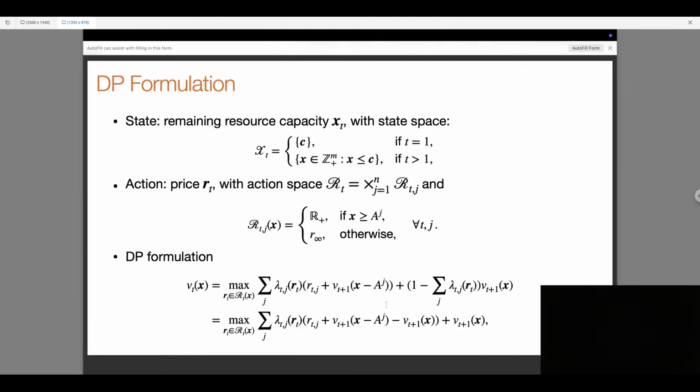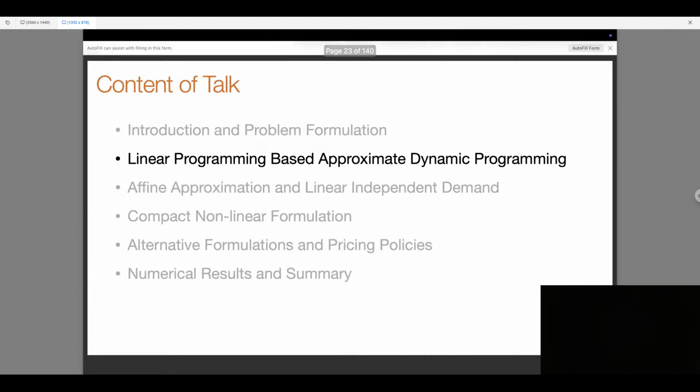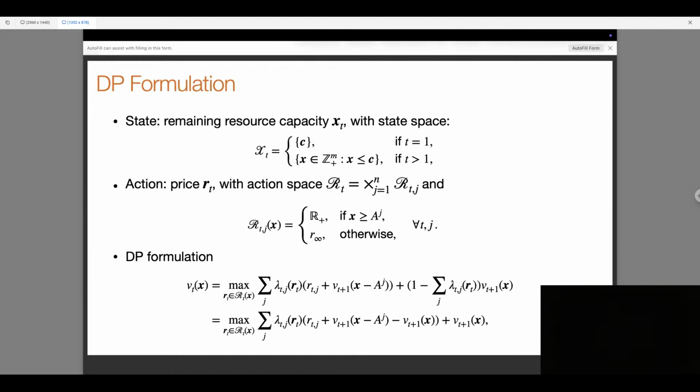It can be simplified into this form with simple mathematical computation. And that is all the background we need to know for this paper and for this problem.